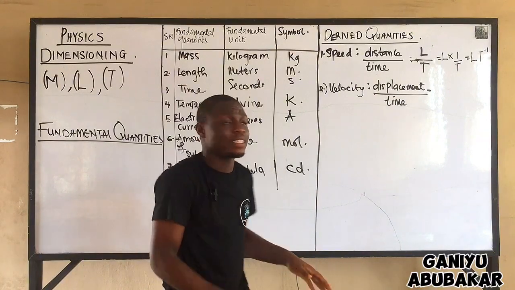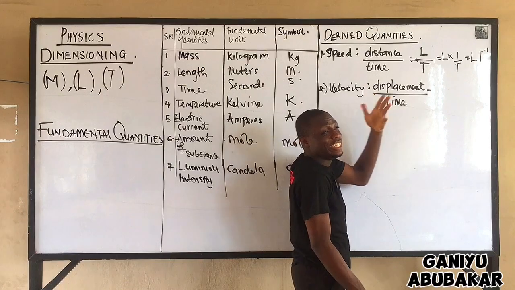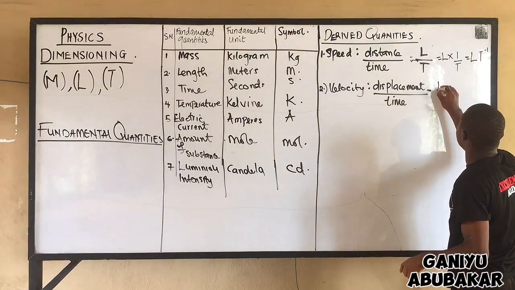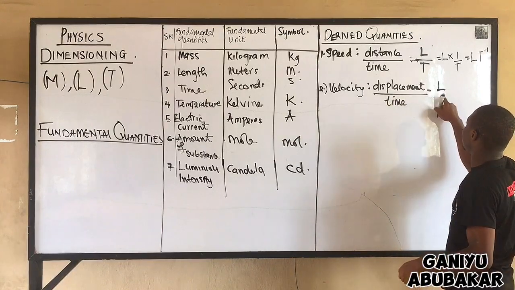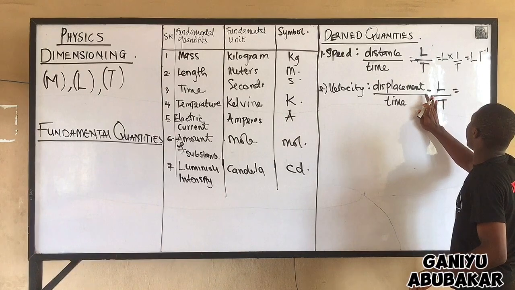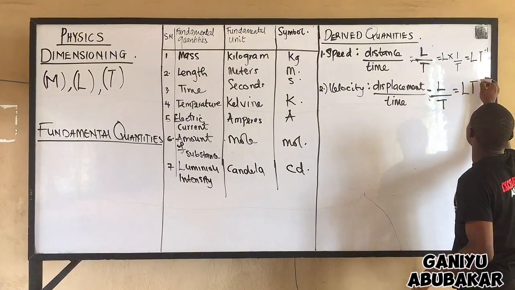So you see a distance. Distance is a distance. Displacement is also a distance. So it means that the dimension for displacement is length, all over time, which is T. Of course, my answer here becomes L times T to the power minus 1.